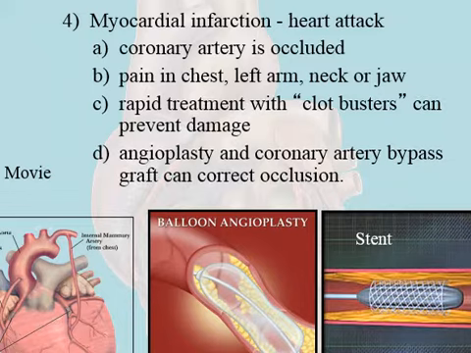The person has to be on a heart-lung machine. They're going to tie the vein to the aorta and then go around the blockage and tie it again below. So it bypasses the blockage and allows blood to flow from the aorta directly down to the rest of the coronary artery and allows normal blood flow.